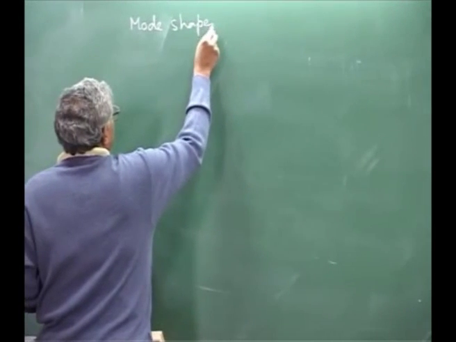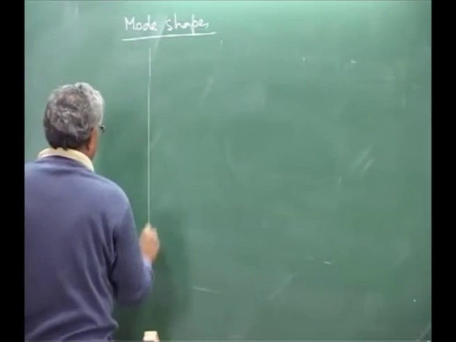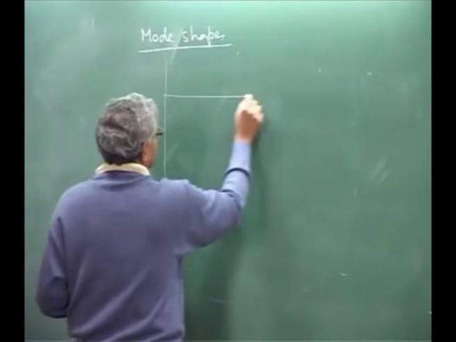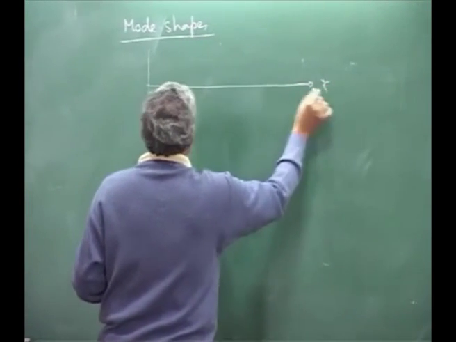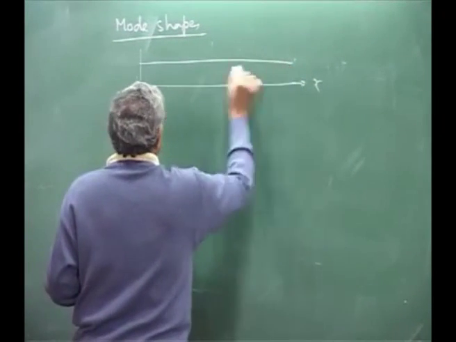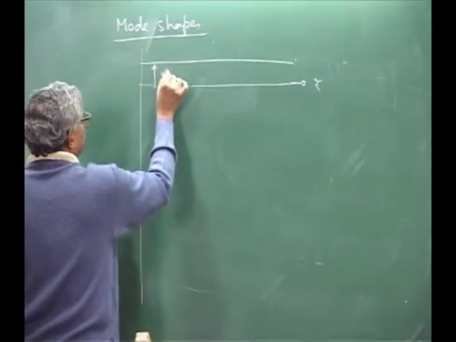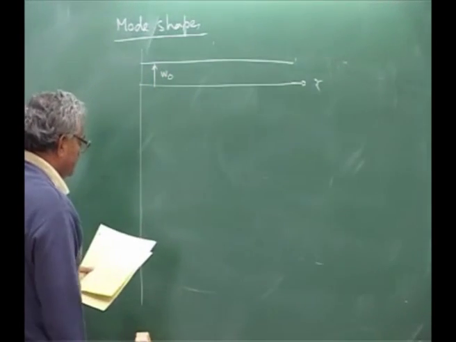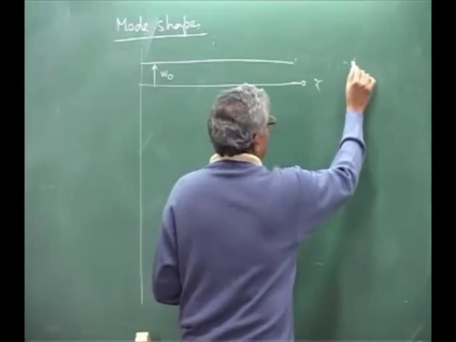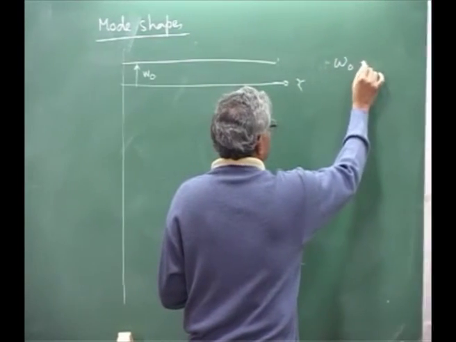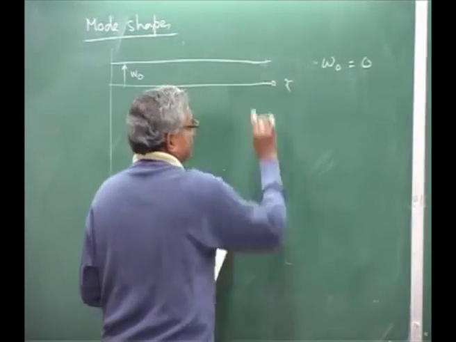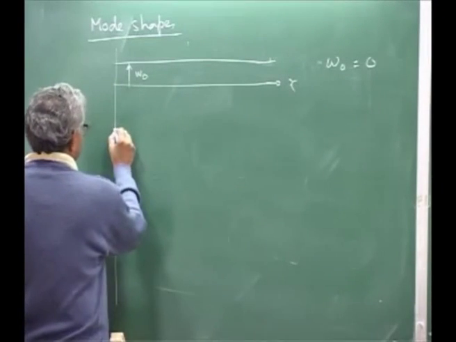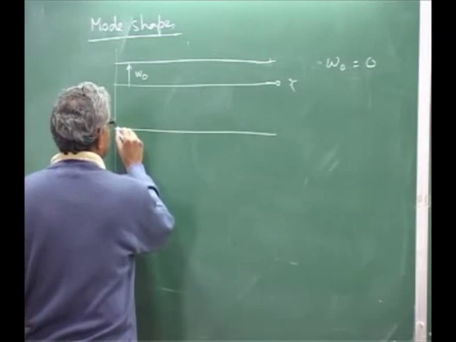So this is W. So this is my x. So this is constant. This is W0. That is the first mode. Frequency omega 0 is 0. And the second one, I can take it like this.